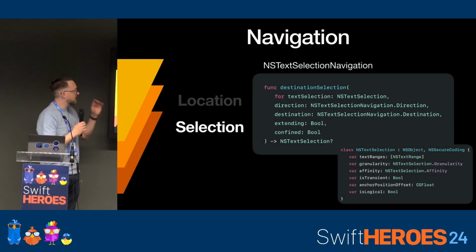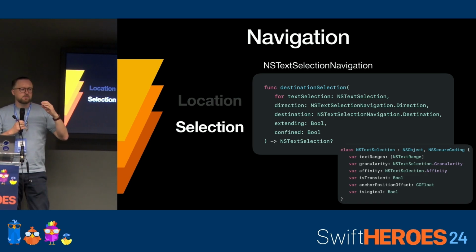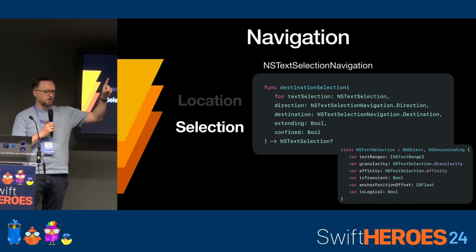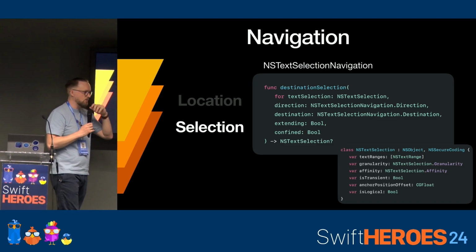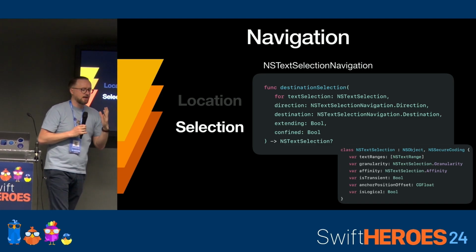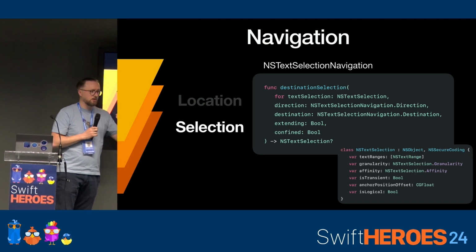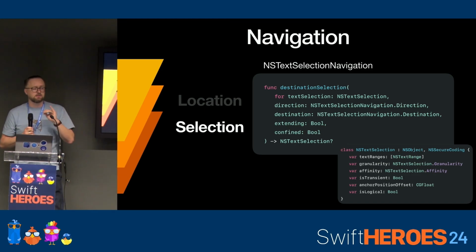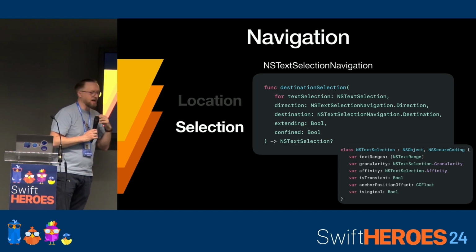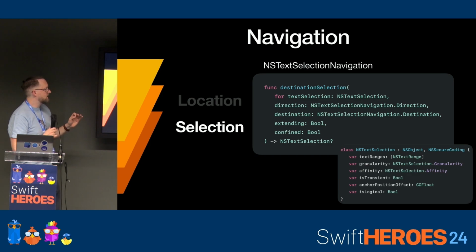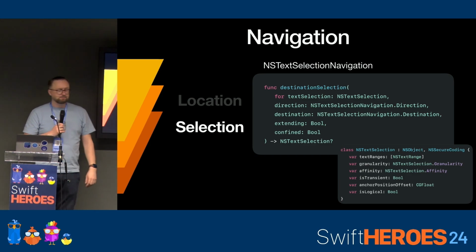And another thing is selection. It's so powerful. For the selection, you have to know where it starts visually, where it ends, and through what fragments it goes. So doing all of those calculations manually may be problematic, also including left to right, right to left changes in the middle, or vertical scripts, or all the quirks you can find with text. NSTextSelection does it for us.